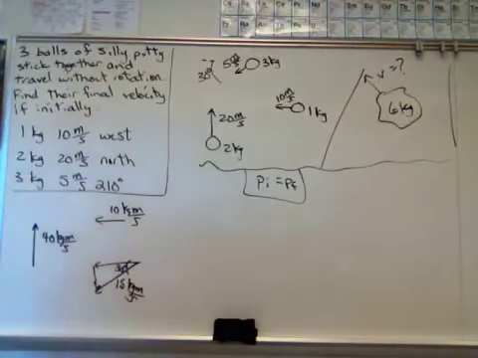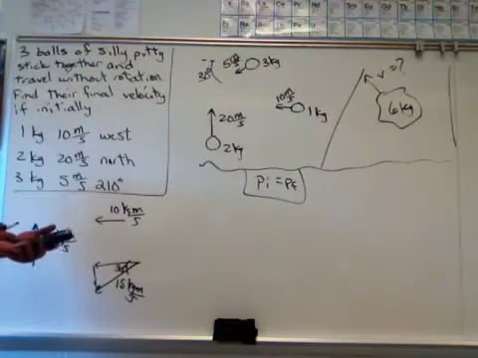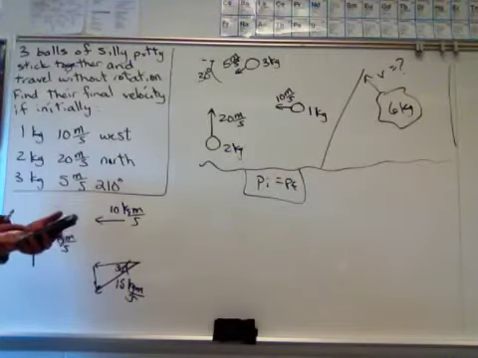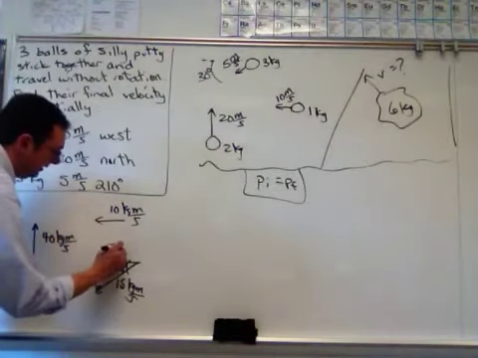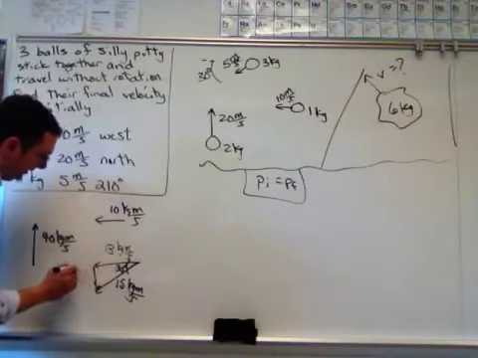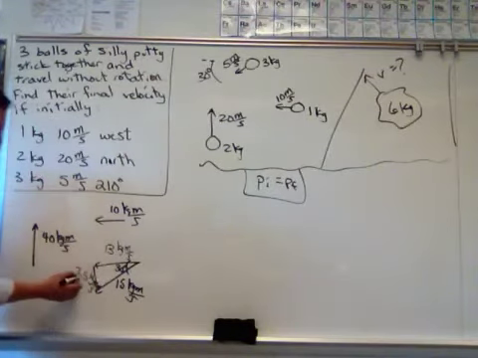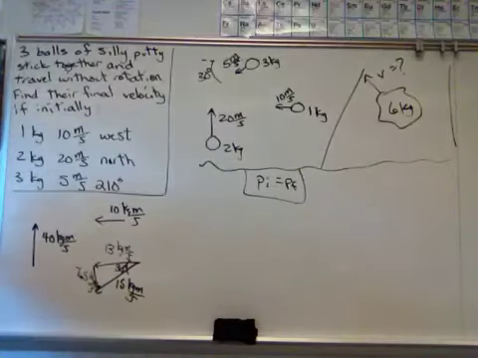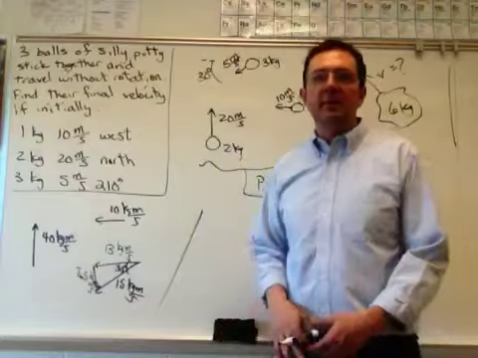So this could be horizontal, it could be a vertical plane also, but if you use the calculator, take 15 cosine 30, enter, 15 sine 30, enter, you get 13 kilogram meters per second and 7.5 kilogram meters per second. So that is the initial momentum when you put all those together, and it's also equal to the final momentum of the whole system.